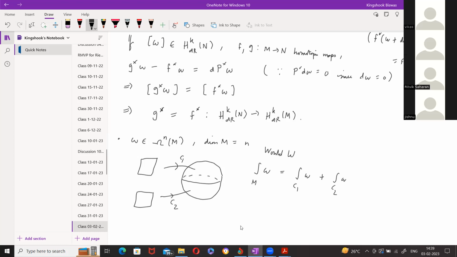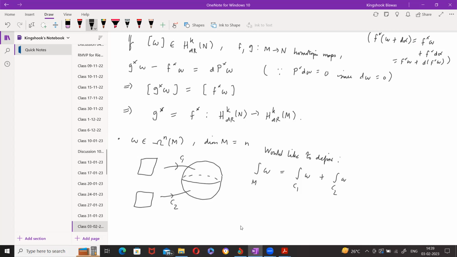But the only problem is that we don't have a canonical choice of these parametrizations. A priori, we could reparametrize: I could take C1 composed with some sigma 1 and C2 composed with some sigma 2, where sigma 1 and sigma 2 are diffeomorphisms from the cube to itself, from the square to itself in this case.